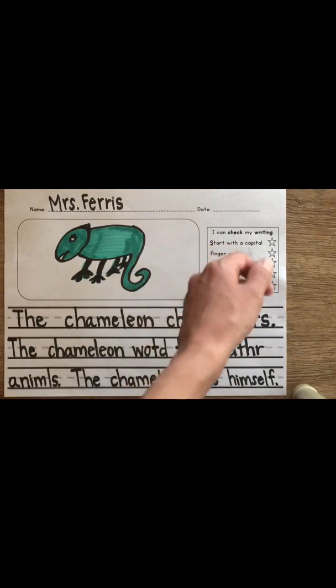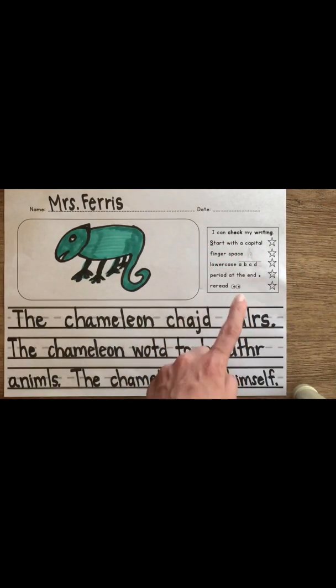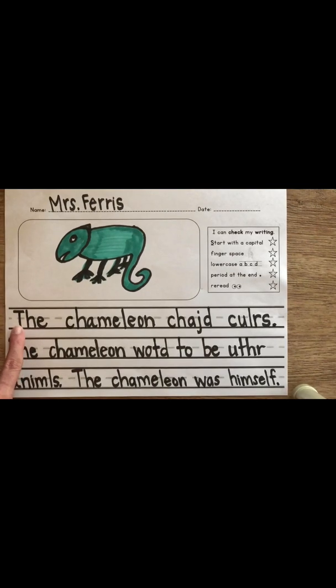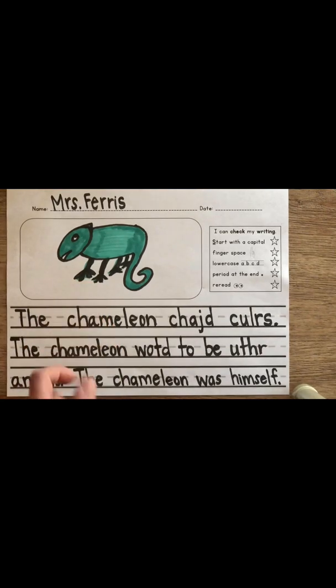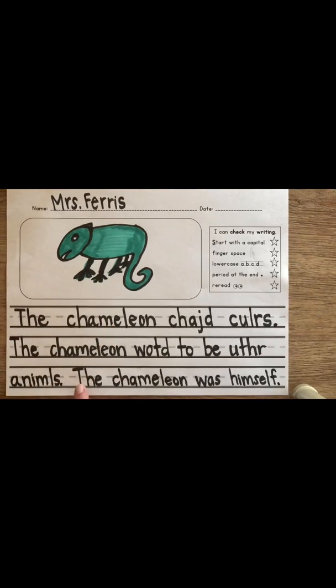Okay, so when you're doing your writing today, make sure you finish this. Don't just go and color every single star until you've really made sure that you have all of those things done. So, did I start with a capital letter right here? Yes, I did. Did I start with a capital letter right here? Yes, I did. Did I start with a capital letter right here? Yes, I did.